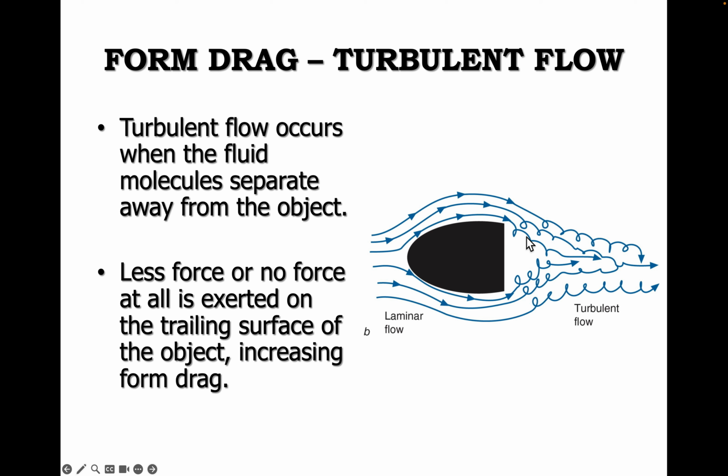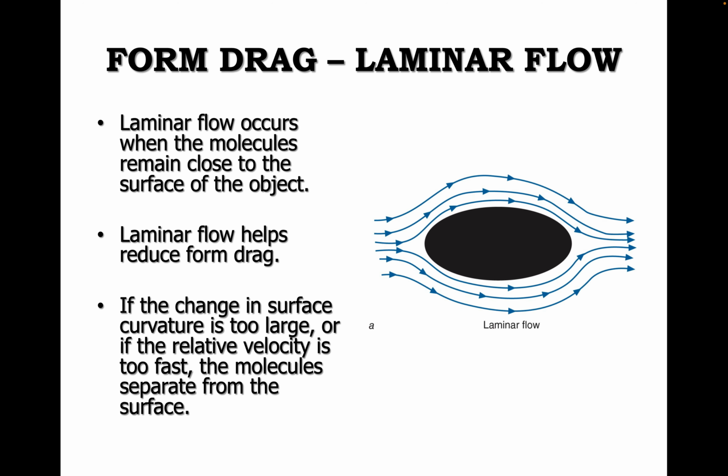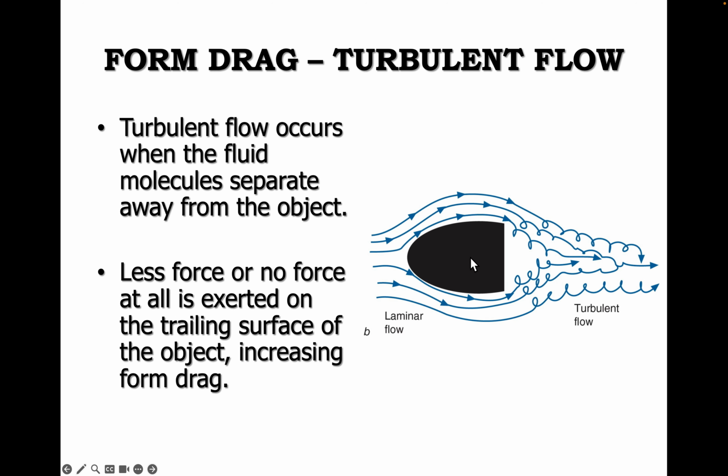So these air molecules are not able to push as much. There's a lot fewer ricochets in the back compared to the front. So therefore, this slows down the object. This is why we want laminar flow, to allow this object to travel smoother through the fluid, and travel faster. This object won't travel as fast through the fluid.